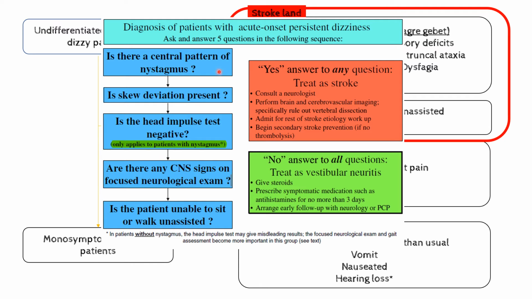But if nystagmus is negative, then you jump right down to your CNS signals and signs, and then you see if they can walk. And that is kind of what I just went through here as well. But he puts the HINTS test first, where I put it as something you do after you've done your neurological exam.